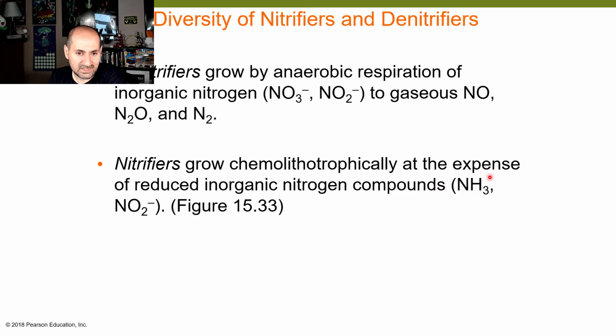So they take electrons from ammonia, they take electrons from nitrite, and they produce nitrate and nitrite. Okay, so they provide nitrogen to the soil. Denitrifiers remove nitrogen from the soil.